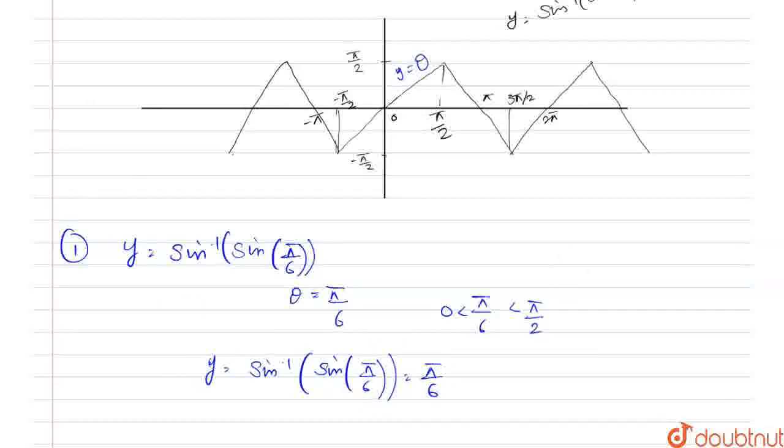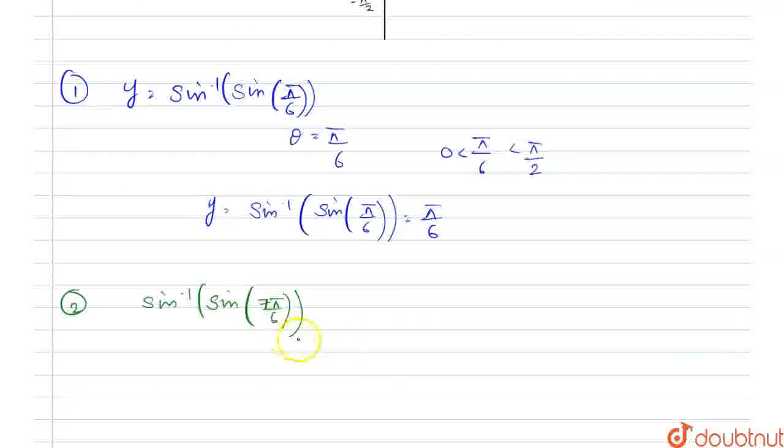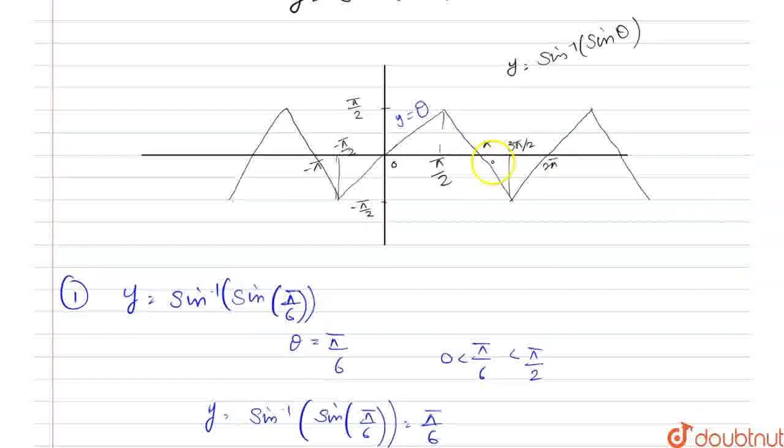And now we have to solve our second problem. So our second question is, we have to find the value of sine inverse of sine of 7 pi by 6. Now let's take this 7 pi by 6 as our theta, and from here we can write that theta lies from pi to 3 pi by 2, and in pi to 3 pi by 2 the curve y is equal to sine inverse of sine theta will be open in the format of y is equal to pi minus theta.